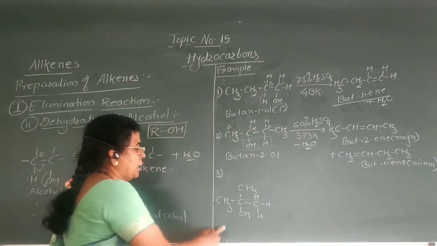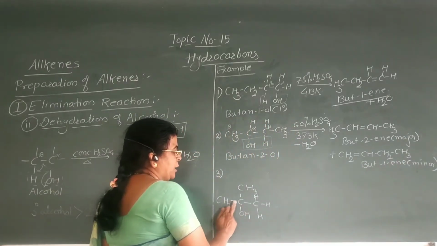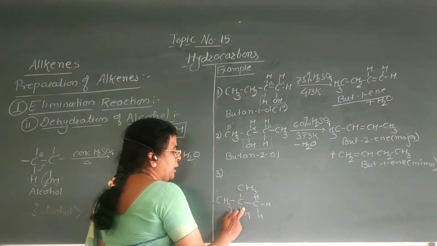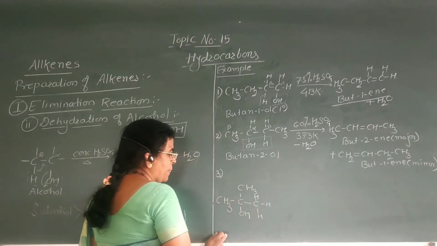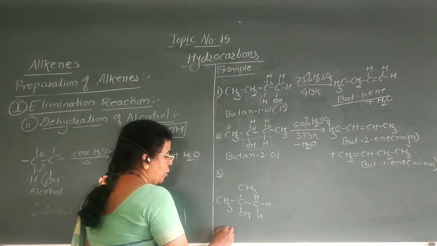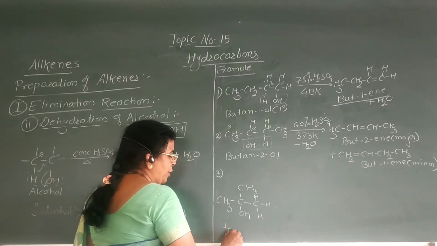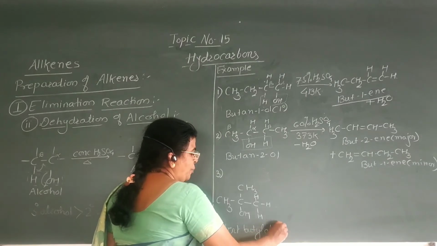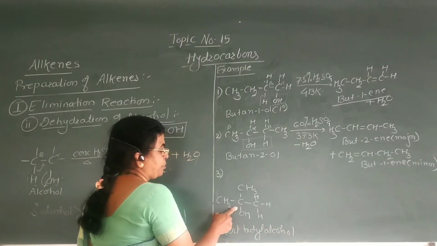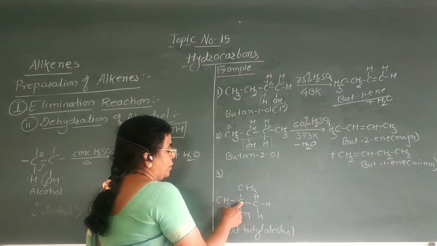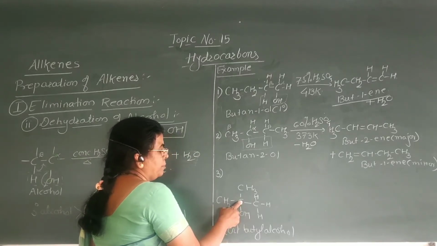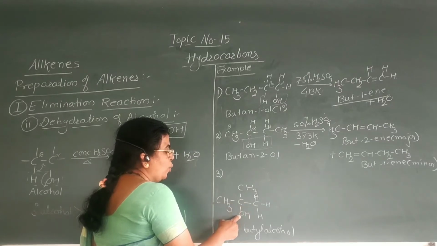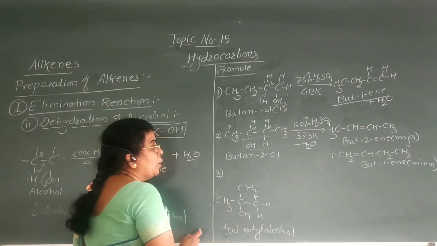Now this is a tertiary alcohol, CH3 C CH3 OH CH3. This is a tertiary alcohol or tertiary butyl alcohol. The IUPAC name of this compound is 2-methylpropan-2-ol.